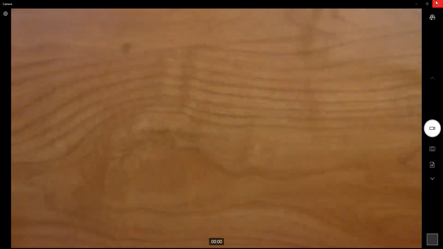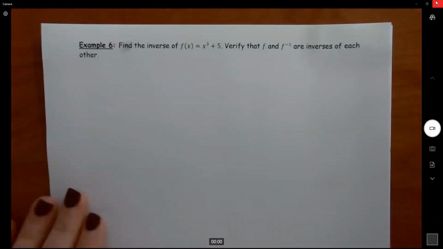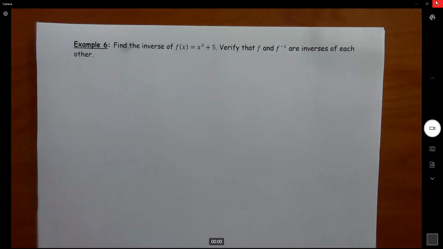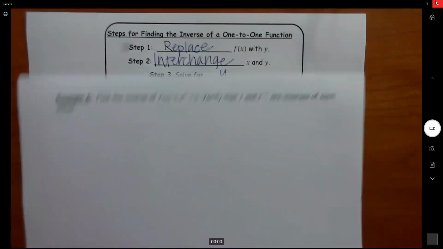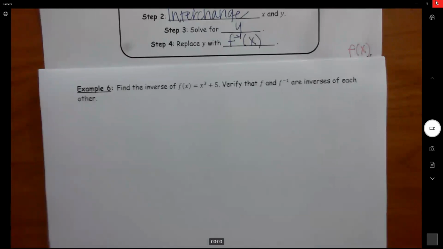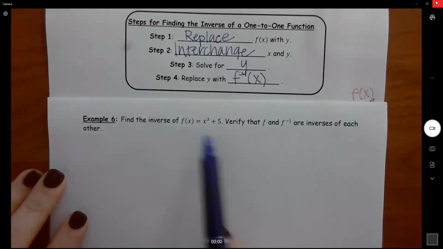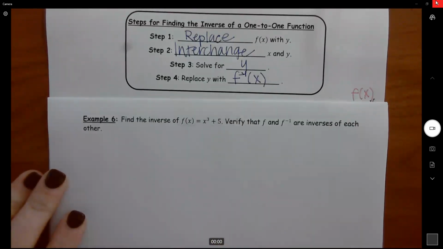Okay, here's our last example of the lesson. We need to find the inverse and we need to verify it. So here are my steps. First, I need to replace this f of x with y.